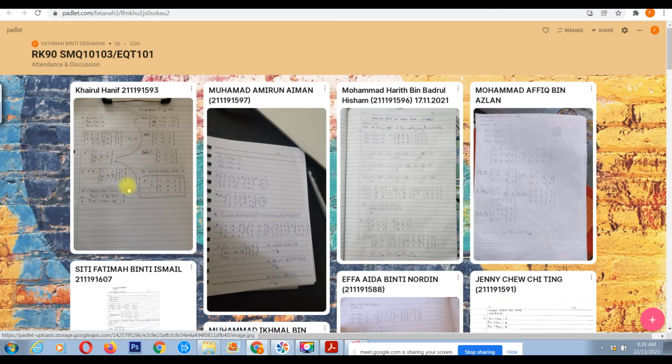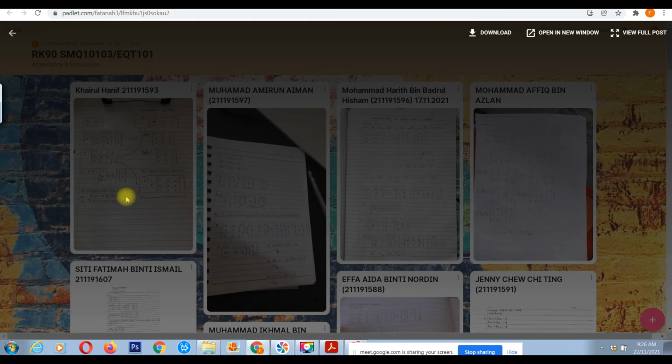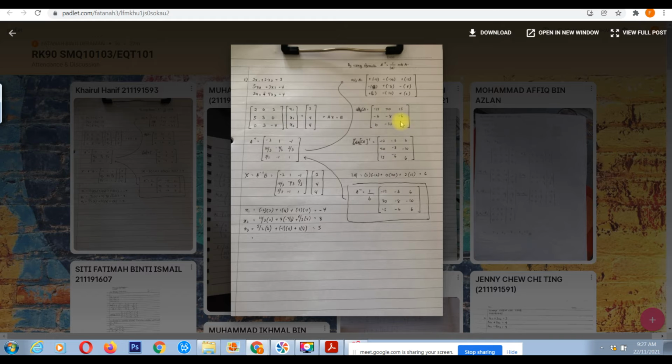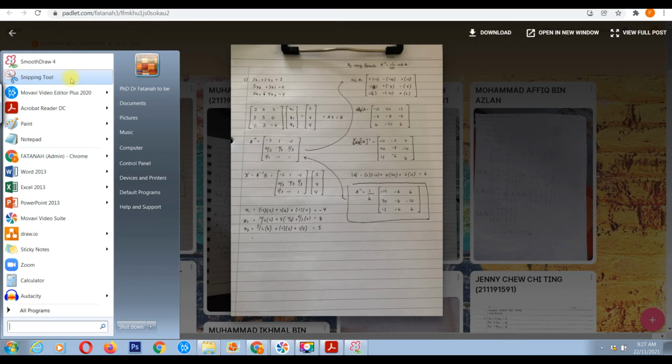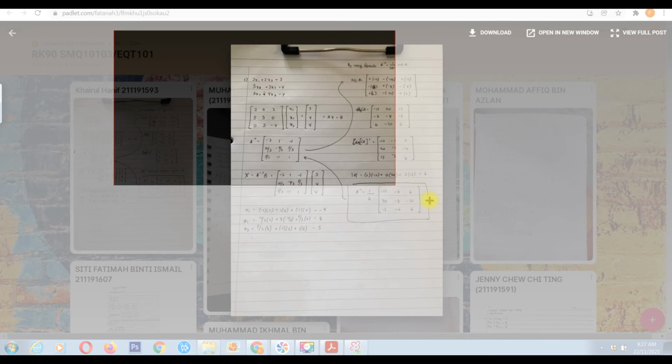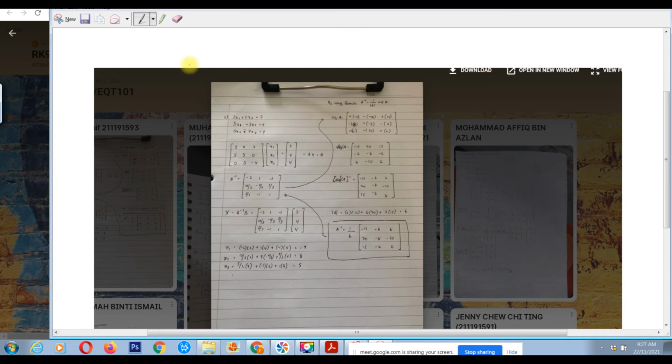Okay, for example here, if like this, they put here in this system of equations, so how to get this A1?